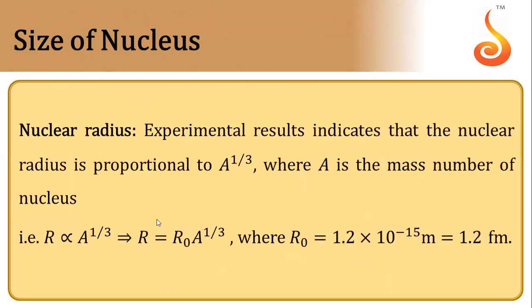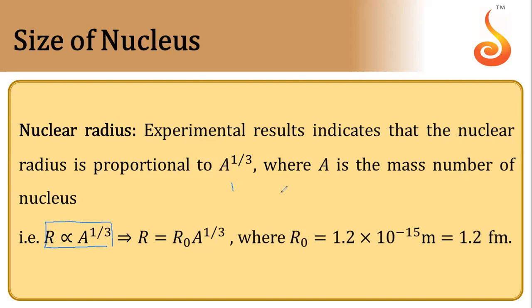Next is size of nucleus. Nuclear radius comes from experimental results, and it has been found that nuclear radius is proportional to A raised to power 1 by 3, where A is the mass number of the nucleus. So radius is directly proportional to A raised to power 1 by 3.